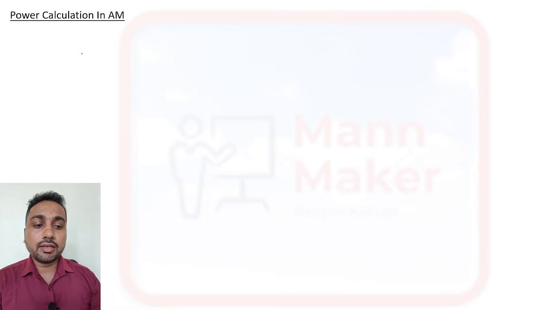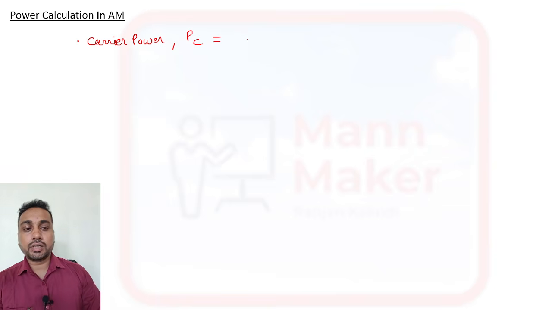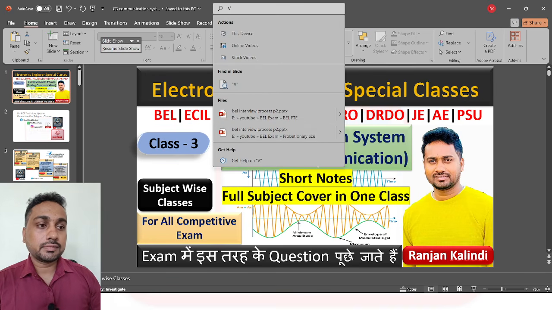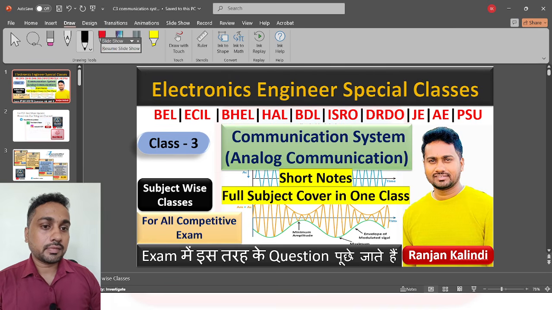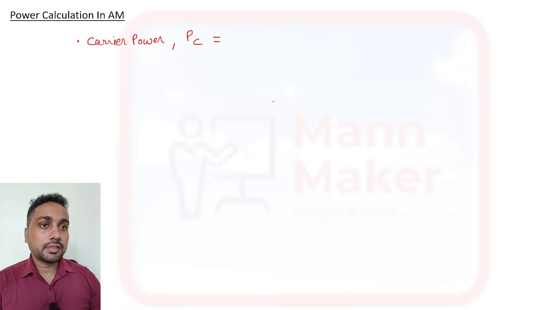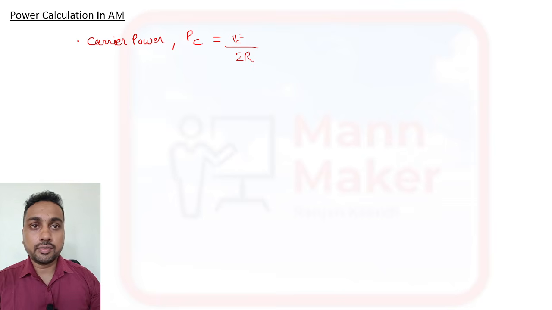Generally we calculate power in terms of carrier power, sideband power and total power. First, carrier power, that is PC.